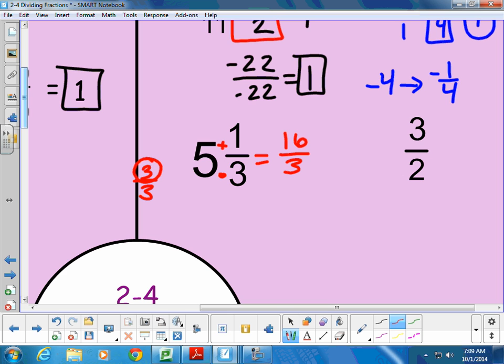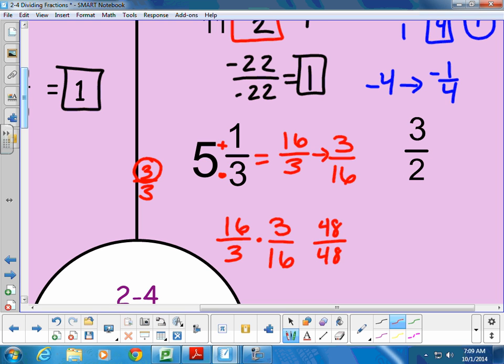So now I can flip that around for the reciprocal of 3/16. And I know that because if I multiply 16/3 times its reciprocal of 3/16, going across, I'm going to end up with the same thing. I'd end up with 48 over 48, which is the same as 1. Okay? So 3/16 is 5 and 1/3's reciprocal.